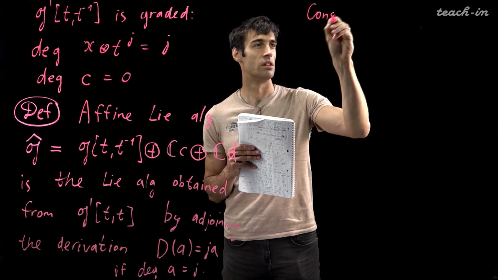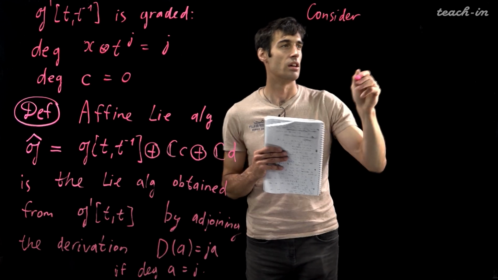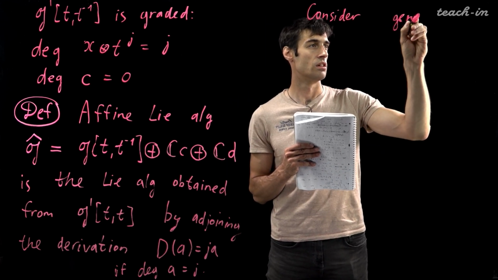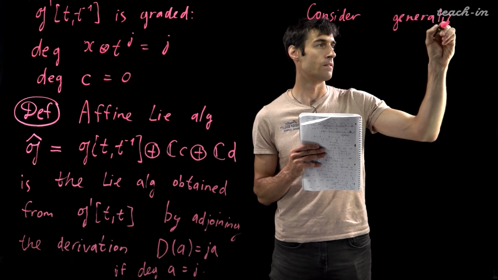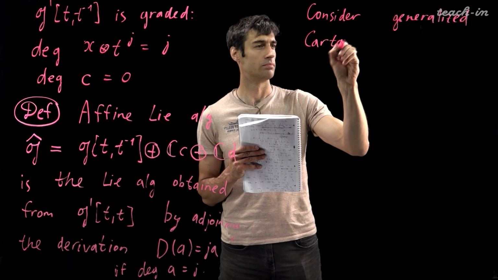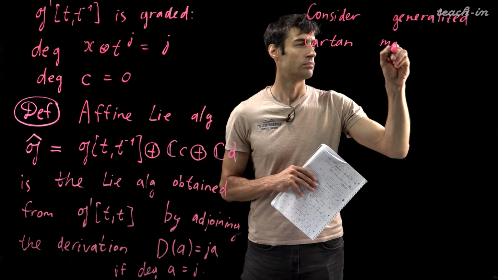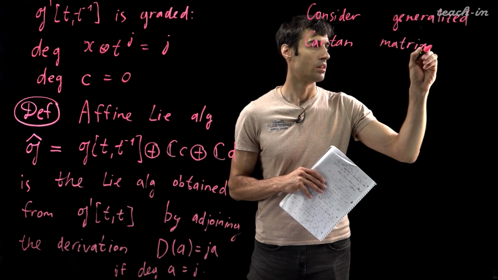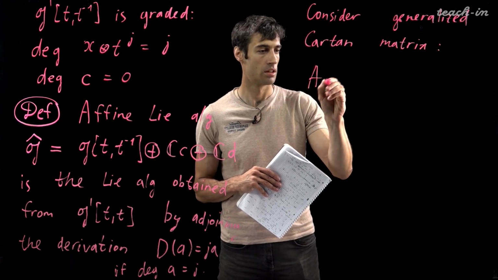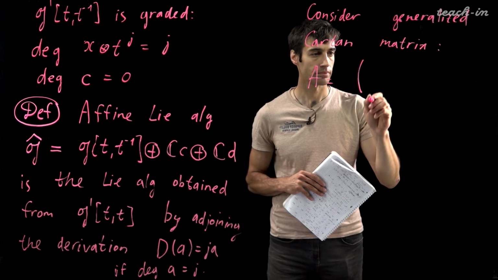Consider the following generalized Cartan matrix A, it is 2 by 2.